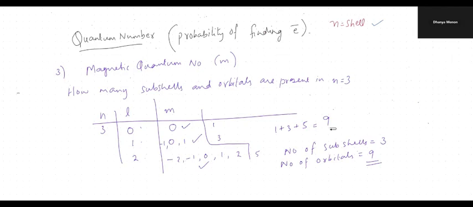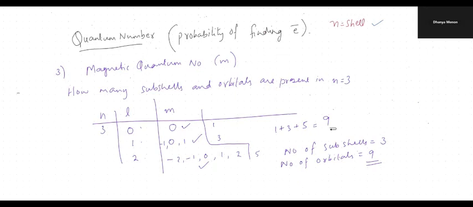Instead of doing this lengthy way, we can also determine it by a formula. The number of orbitals in a shell is given by the formula n square.